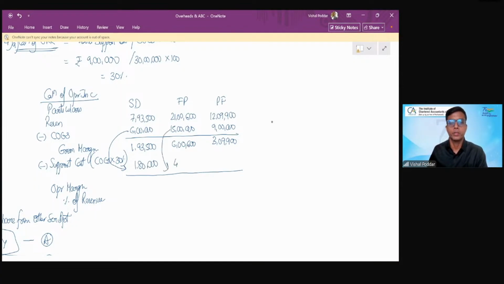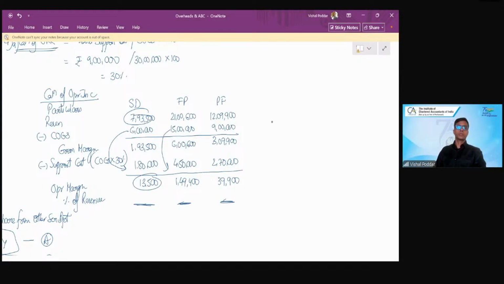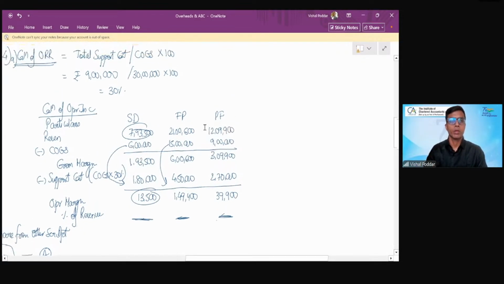Again, 30% of this and 30% of this. So I get 13,500, I get around 149,400, and I get around 39,900. This is what I'm getting, and then this divided by this into 100 will give you the percentage. So students, this is my answer under the traditional approach, which is part A.